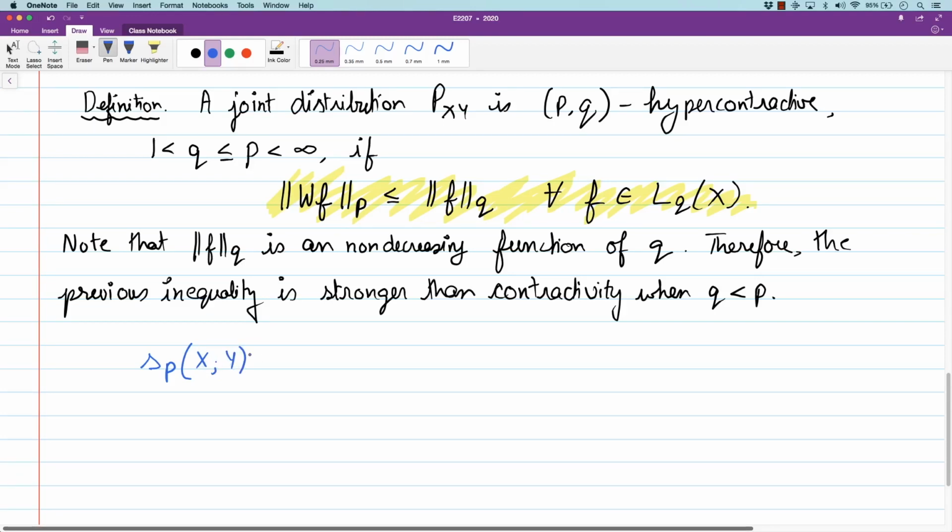We define this as the infimum over Q such that Q is greater than 1 and smaller than P, and Pxy is PQ hypercontractive.